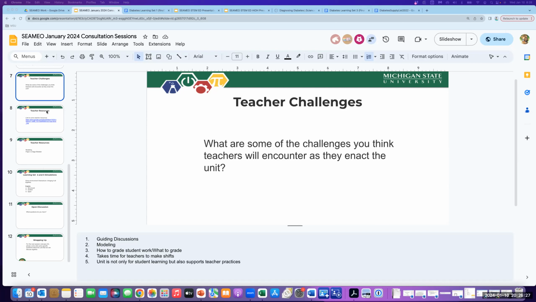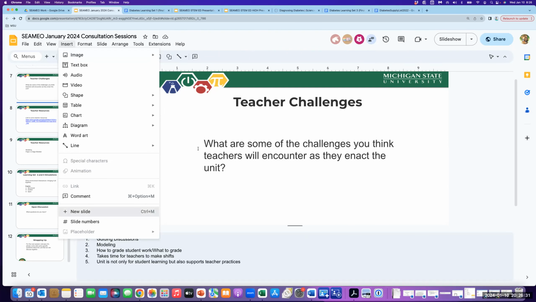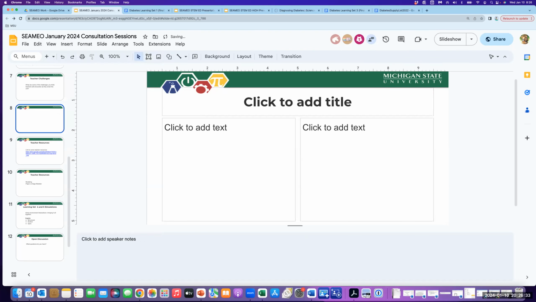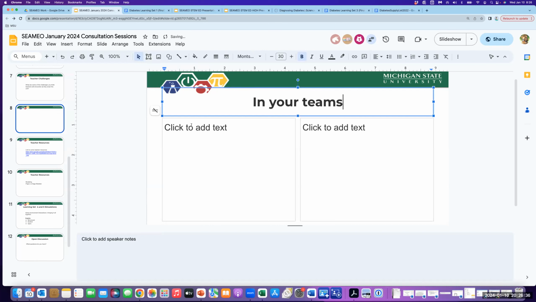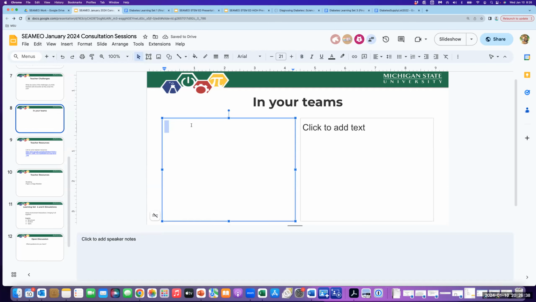So let's think about when you go into your teams. Kesra was saying, so let's make another, hold on, let me insert a new slide. So, in your teams, you're going to discuss some of the challenges you foresee in supporting teachers.